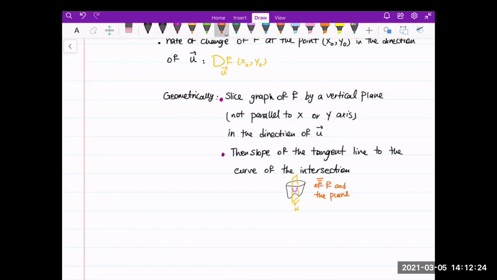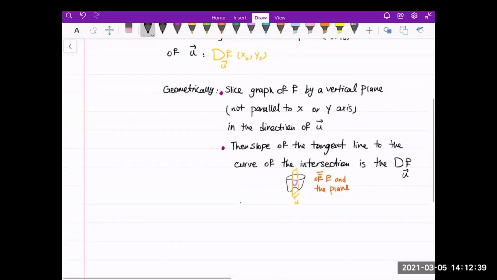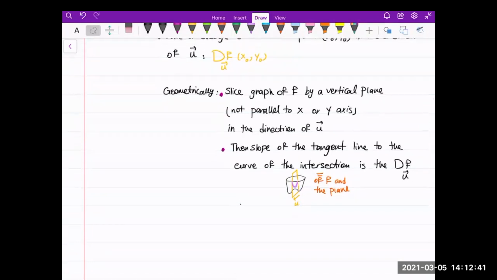Okay, so the slope of the tangent line to the curve of intersection is the directional derivative of f in the direction of u.